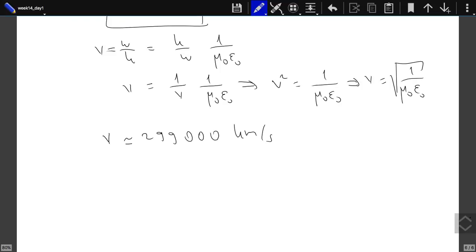We are not discussing charges. We are looking in a region of space where there are no charges. This is not the speed of the rod.